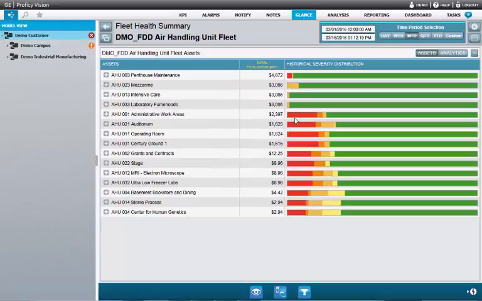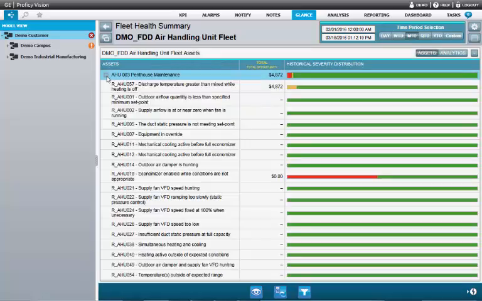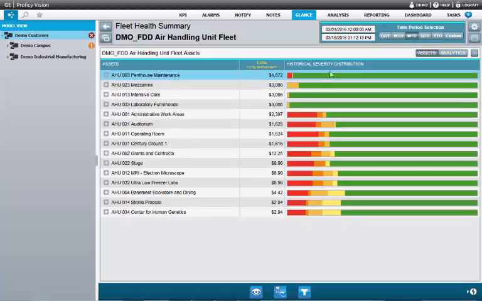And so that may be different than, say, certain prioritization that's included within the analytics themselves. So now you can see that AHU3 has risen to the top of the list because it has a good amount of opportunity with regard to this specific finding, discharge temperature greater than mixed while heating is off, which may indicate a leaking valve potentially.